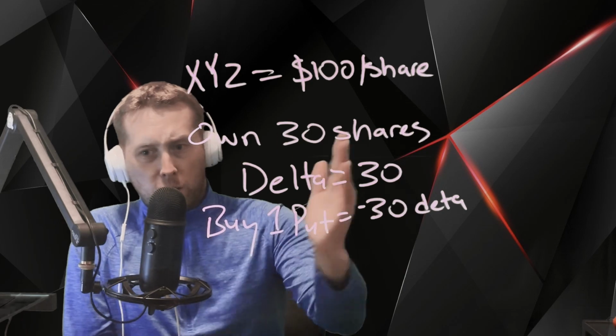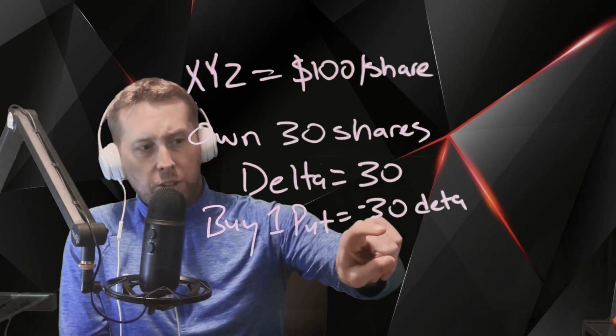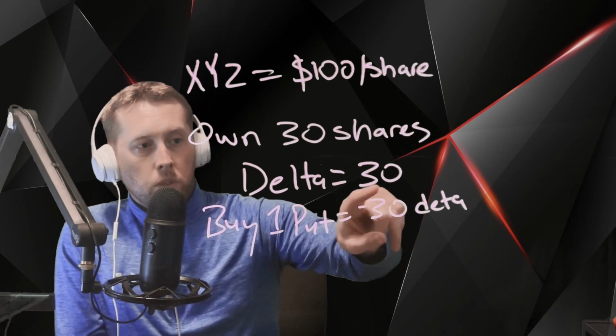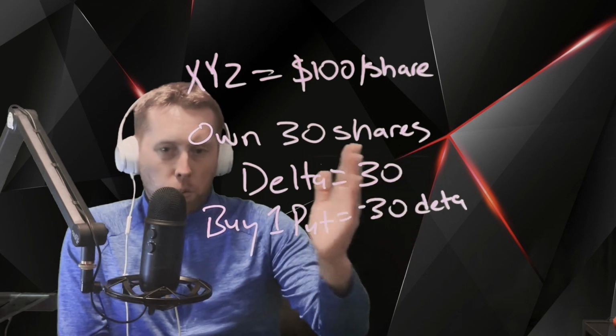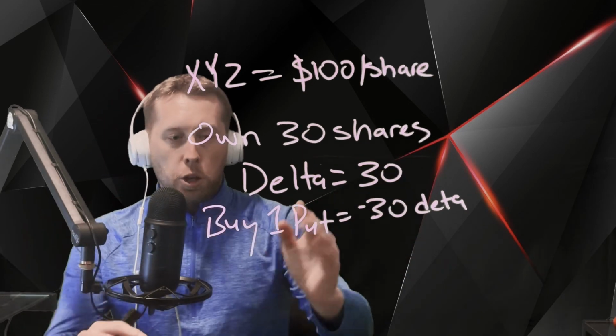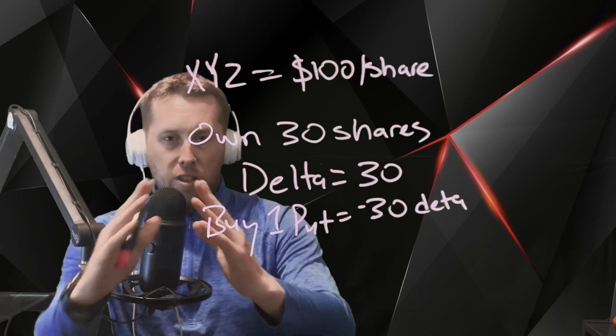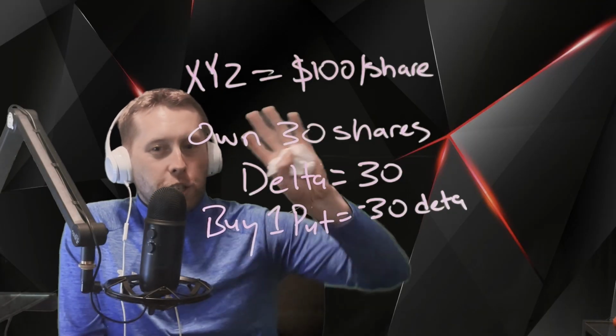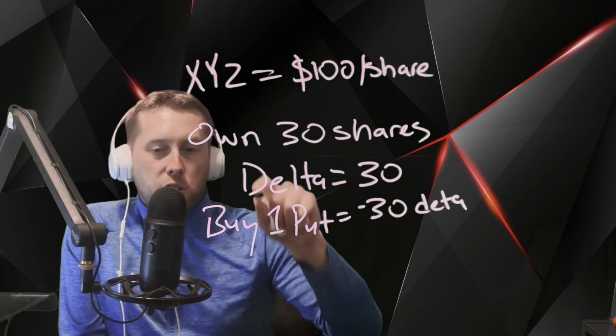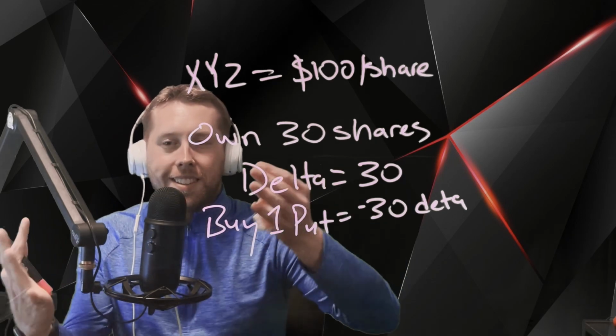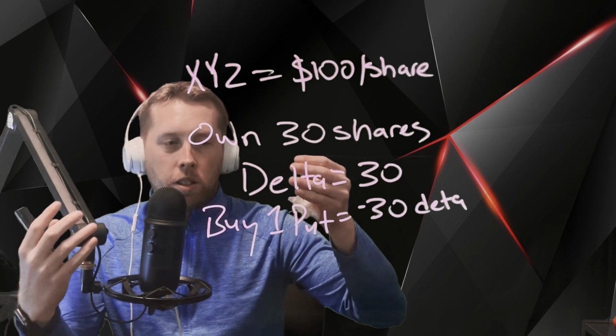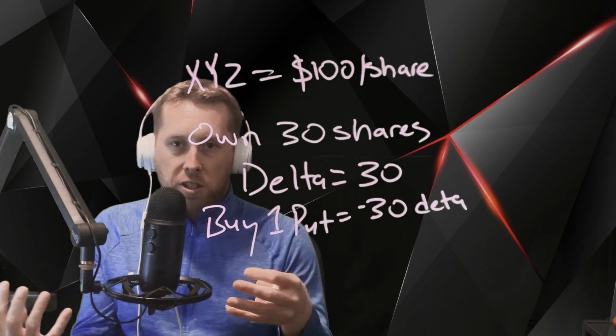Now, as the stock goes down more and more, the delta on this increases as your shares stay the same. So you would have to adjust it, but you'd be making money on the put and losing on the shares, and it protects your position. So that is the general concept of being delta neutral, is just trying to have a net delta position of 0 or as close to 0 as possible.